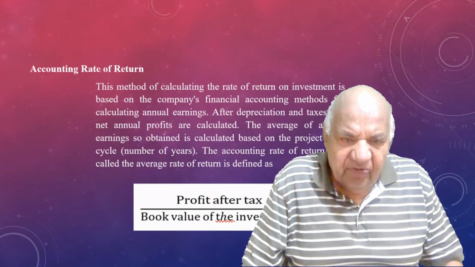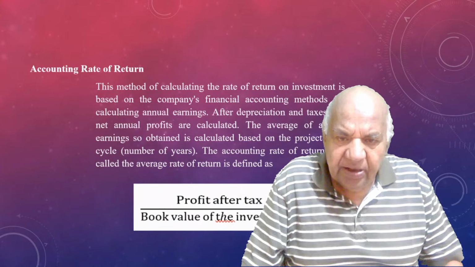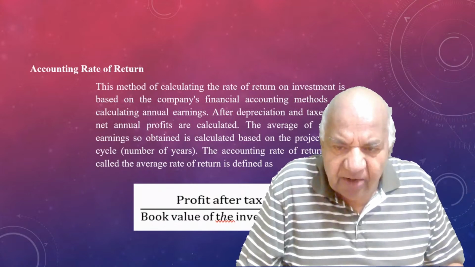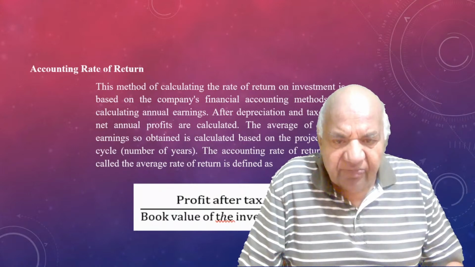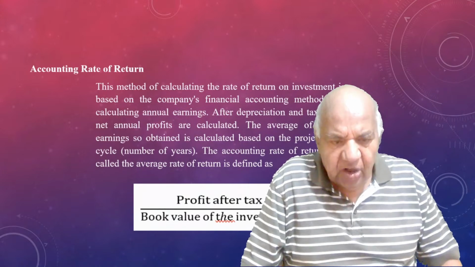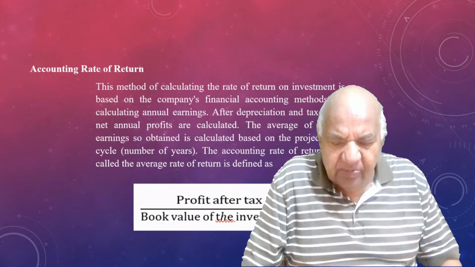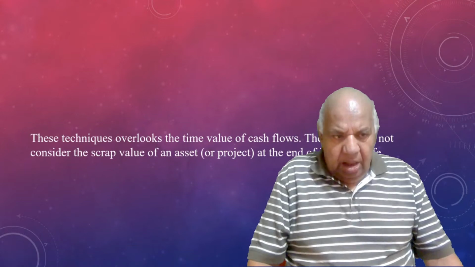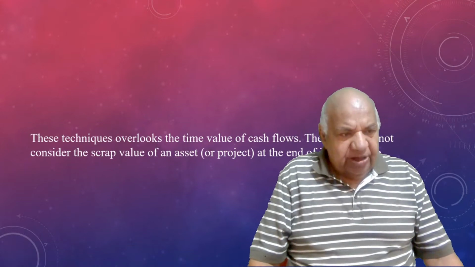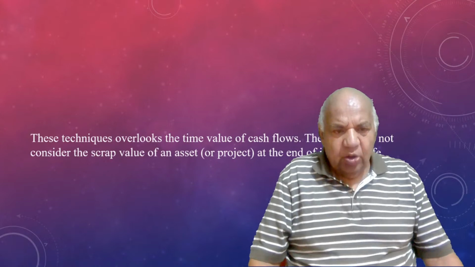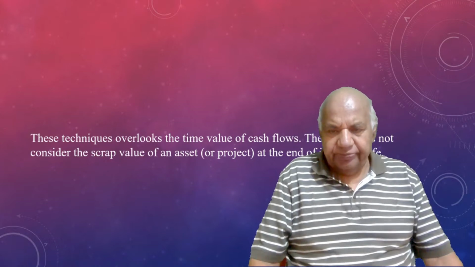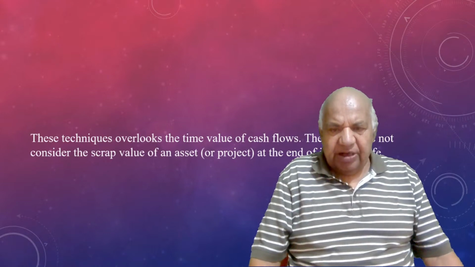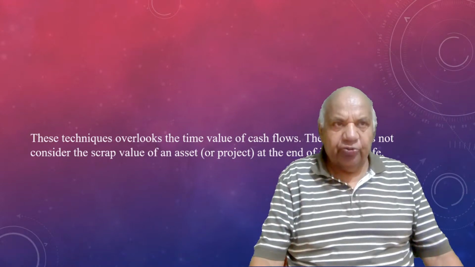The average of annual earnings so obtained is calculated based on the project's life cycle in number of years, and the accounting rate of return, also called the average rate of return, is defined as profit after tax divided by book value of the investment. Both these traditional techniques overlook the time value of cash flows. They also do not consider the scrap value of an asset or project at the end of its useful life.